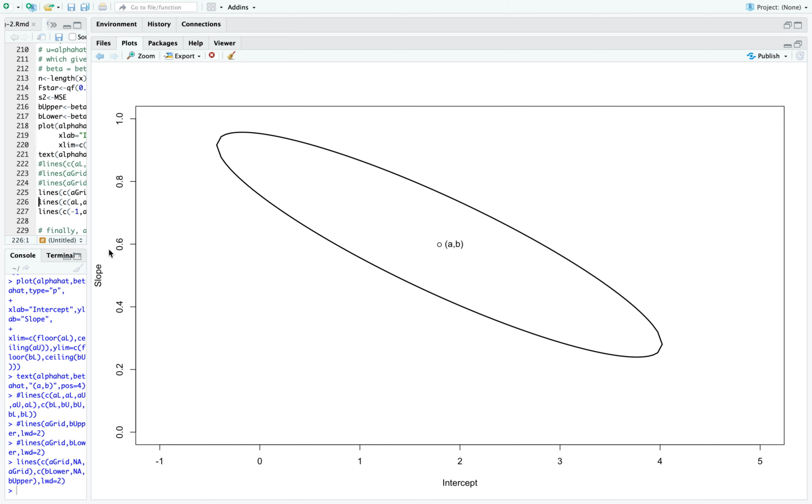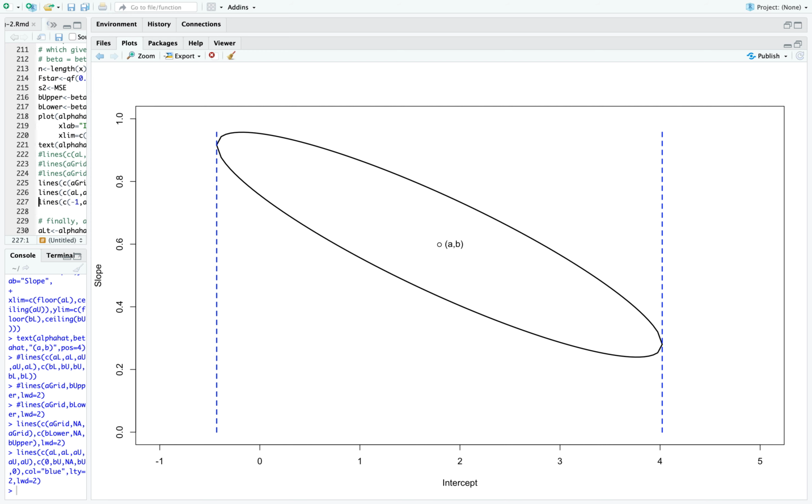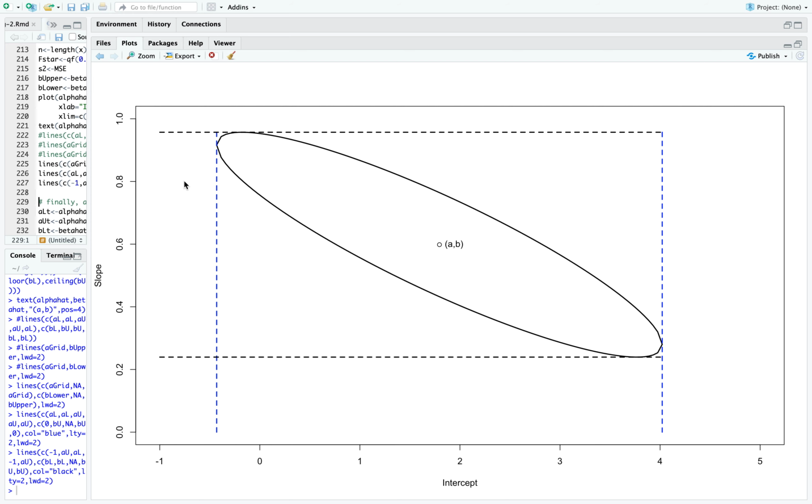So we want to make inference on both of them at the same time. To do that, we can simply figure out the maximum and minimum value of the intercept within the set. We obtain a bound on the intercept in this way, and then correspondingly bounds on the slope in the same way. Now look at this.